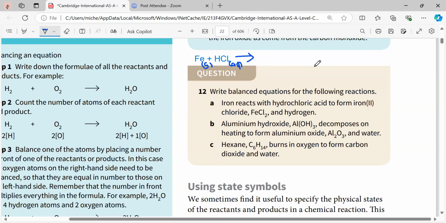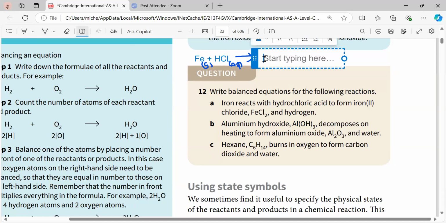And for the product, it says right here, which is iron 2 chloride. As you can see, it's actually written right here, so we don't really have to check twice. I'm going to type this again. I'm going to add plus right here.